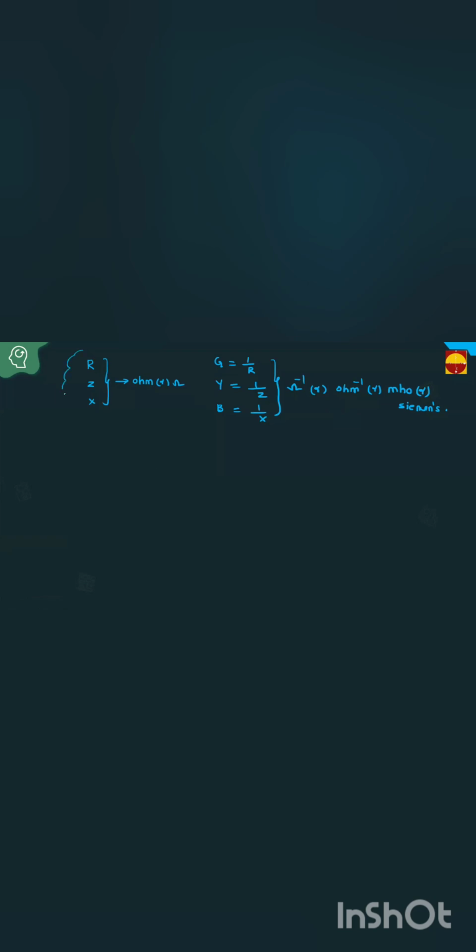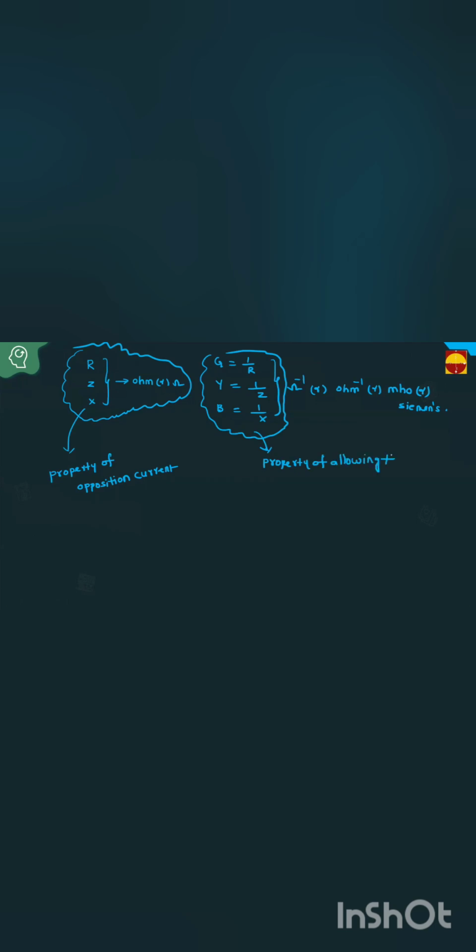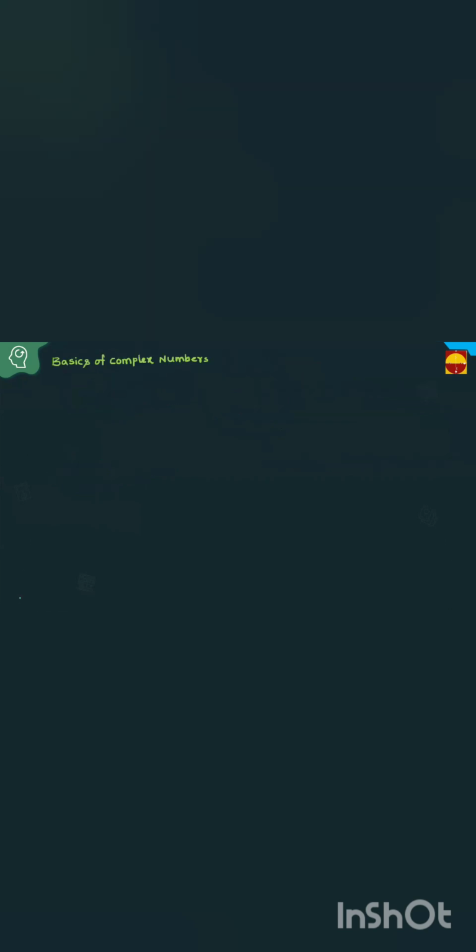These elements R, Z, X have the property of opposition to current, and these elements G, Y, B have the property of allowing the current. So this is the concept of impedance, resistance, reactance, admittance, susceptance. All these terms exist.